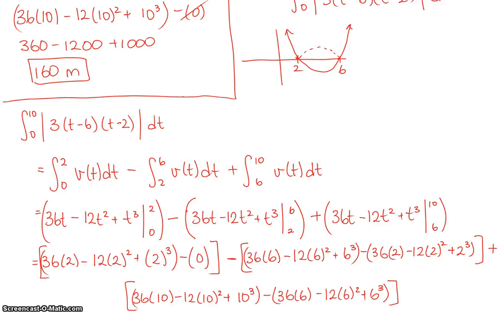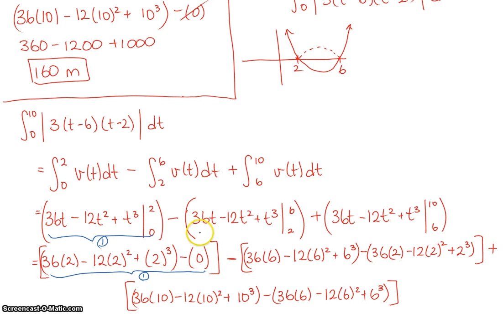So just to break this up so you can see what we're working with, I've written it all out here. To evaluate the first one from 0 to 2, we plug in 2, 2, and 2, and we subtract when we plug in 0, 0, and 0, which just becomes 0. So this whole bracket here just becomes this whole little segment here. That's our first part.